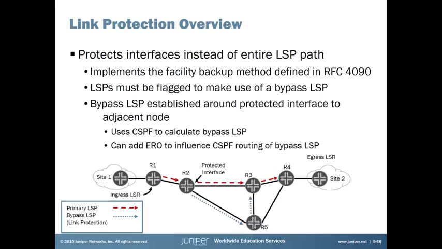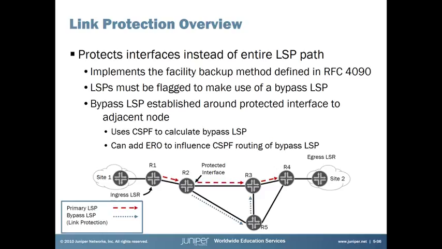Each and every LSP calculates a fast reroute path, or a detour path, around a downstream node. Now if you've got a lot of LSPs that you're protecting, that is very, very resource intensive. It does not scale particularly well. If you've only got a few LSPs, it works very well. If you've got many LSPs, in the hundreds, it doesn't scale very well.